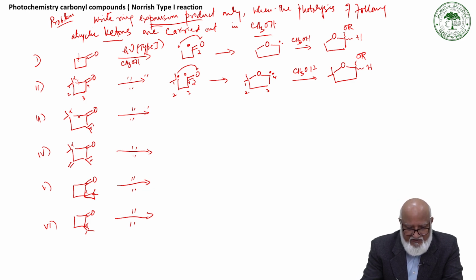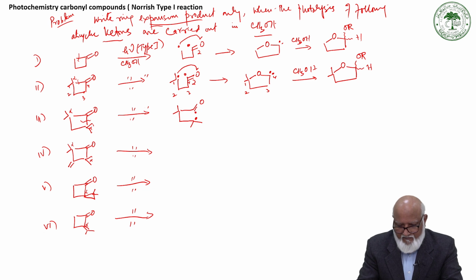Now we can see here both the alpha carbons are dimethyl substituted, so we can cleave any of these. We can cleave this or this. So this is going to give a same stability product. If we cleave this, we end up with this, and this is going to attack here.